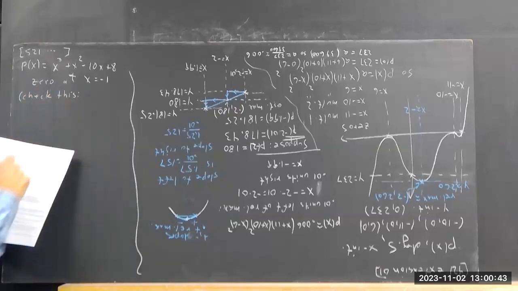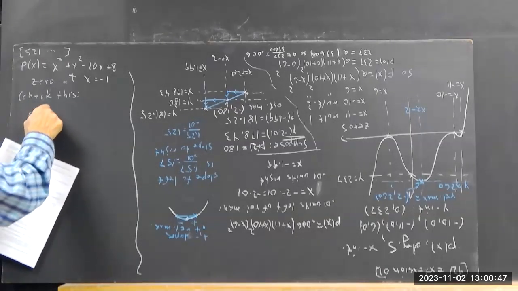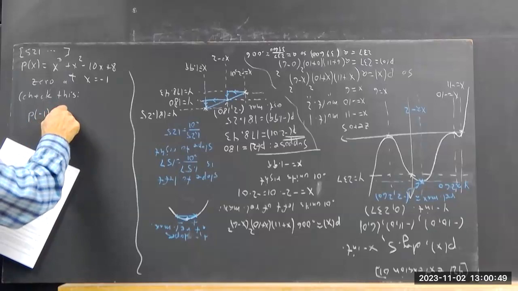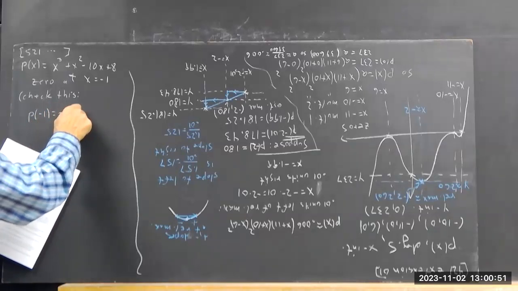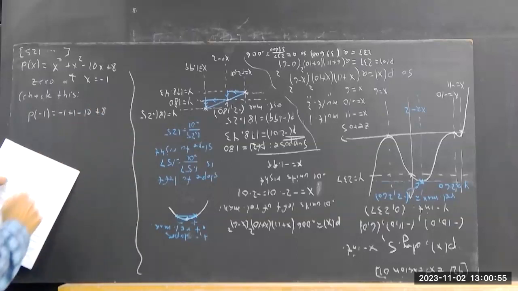Now, I'm going to say you ought to check this to make sure it's true. P of -1 equals -1 plus 1 minus 10 plus 8.